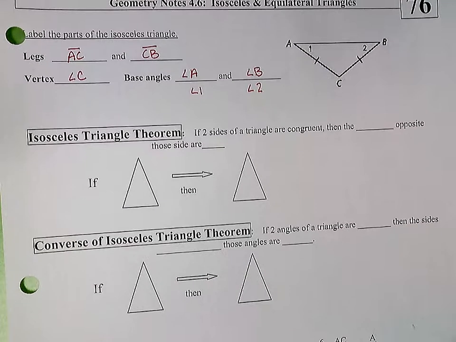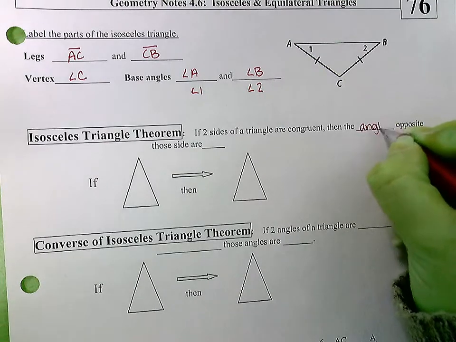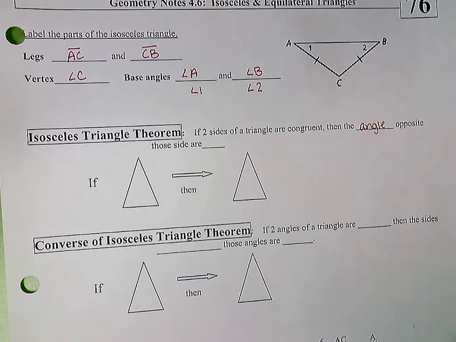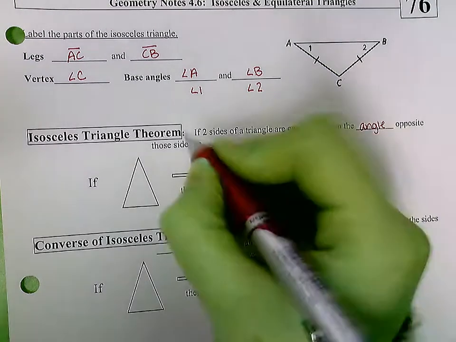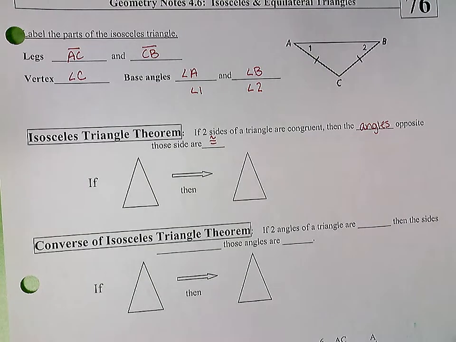So we do have an isosceles triangle theorem. Okay, it says if two sides of a triangle are congruent, then the angles opposite those sides are congruent.